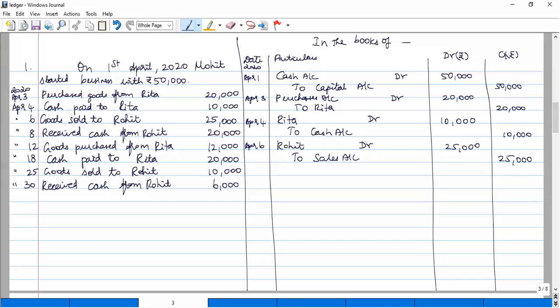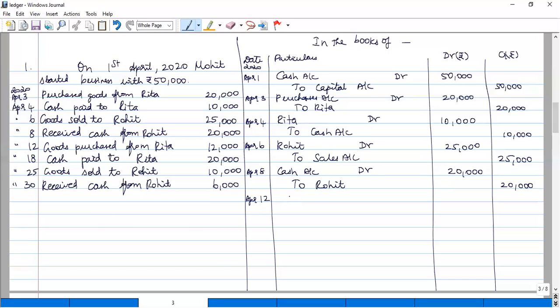On April 8th, we are receiving cash from Rohit. Cash increase has to be debited to our debtor decrease. So Rohit account has to be credited, 20,000. Next is on April 12th. Again, we are purchasing goods from Rita.